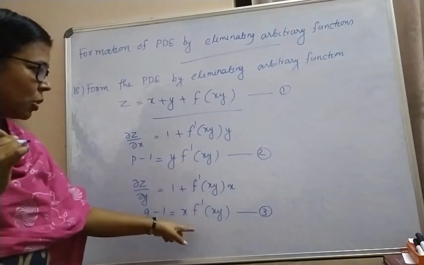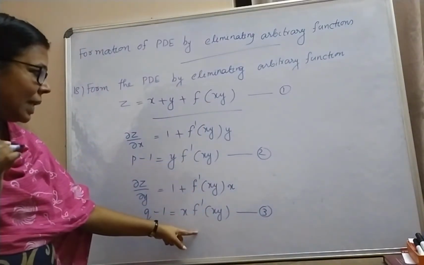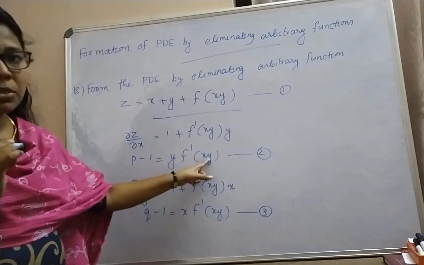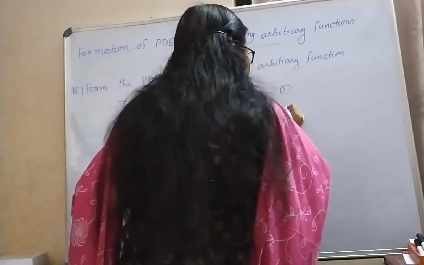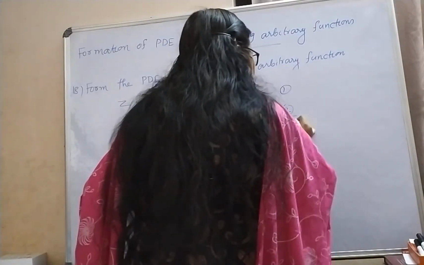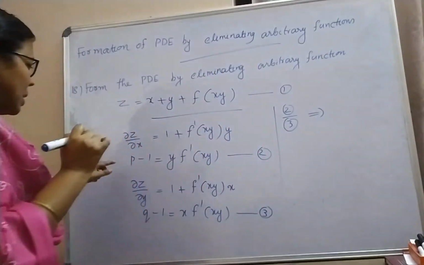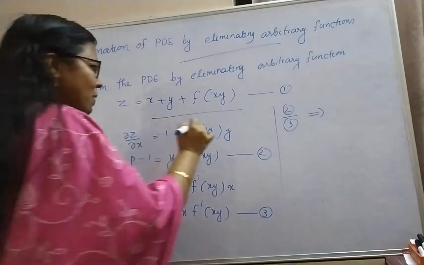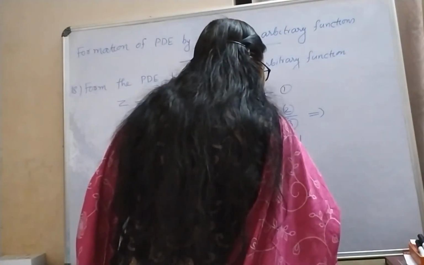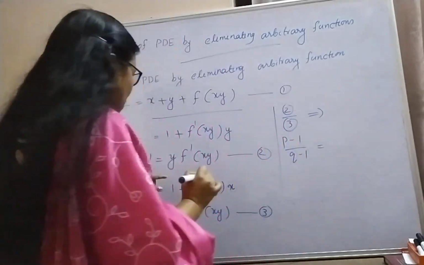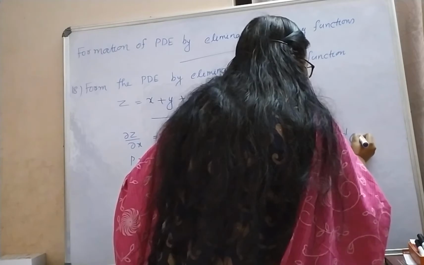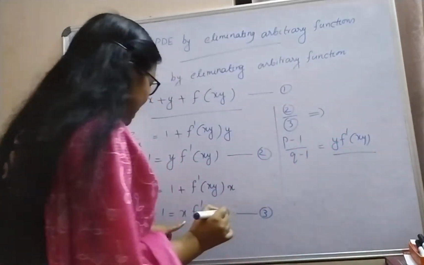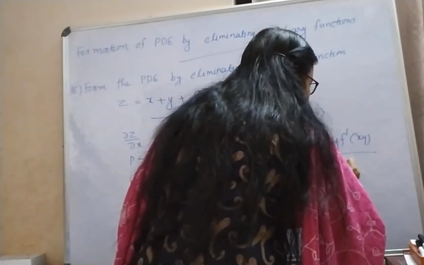From these two equations, we have to eliminate this f dash xy. For this, find equation 2 by equation 3. 2 by 3 becomes p minus 1 by q minus 1 equal to y f dash xy by x f dash xy.